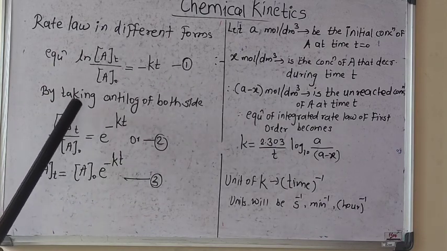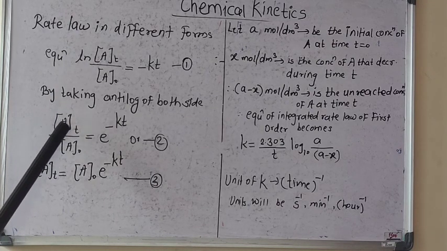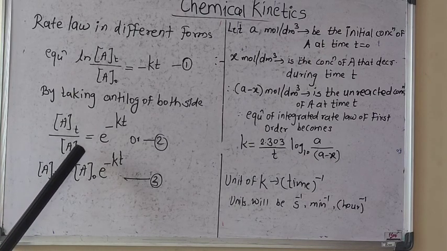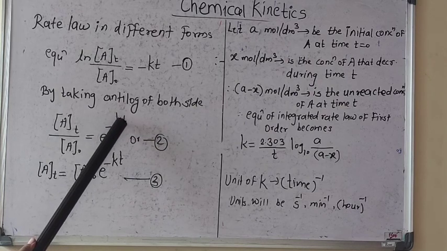If we take the antilog of both sides, the ln cancels, and we get the molar concentration of A at time t upon the molar concentration of A at time 0, that is the initial concentration of reactant A, is equal to e, the exponential, to the power of minus kt.